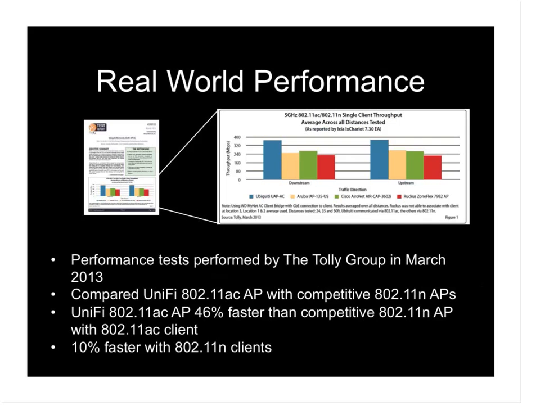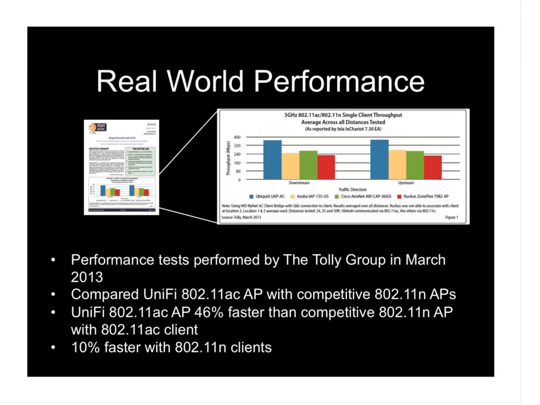As you may have noticed, we did perform a third-party test from the Tolly Group, comparing the actual performance of the UAP-AC product to other popular products in the market. Some highlights: the UniFi AP-AC performed 46% faster than competitive 11n products, and 10% faster in an 11n to 11n apples-to-apples comparison.